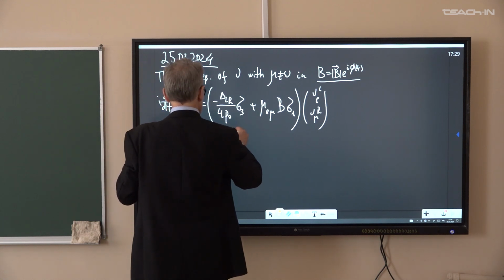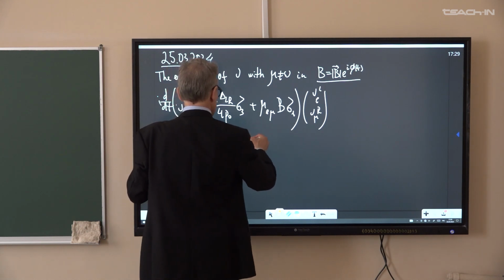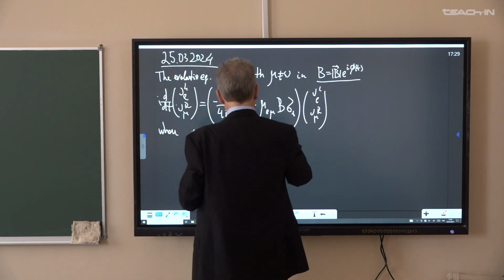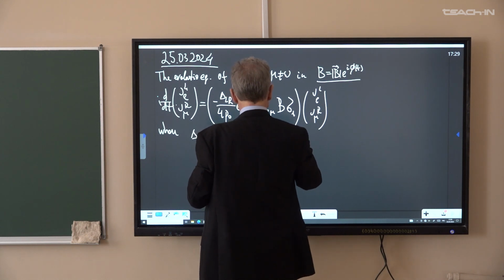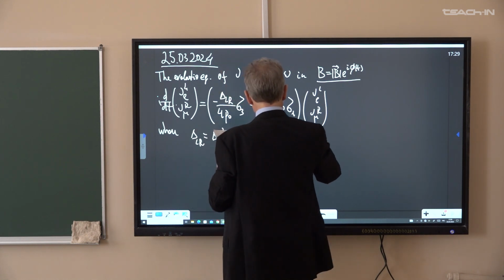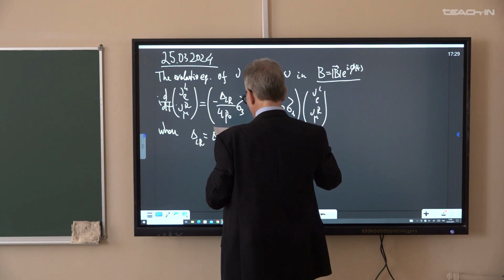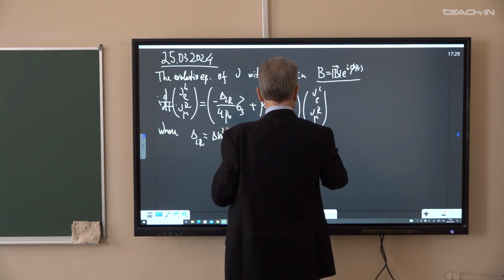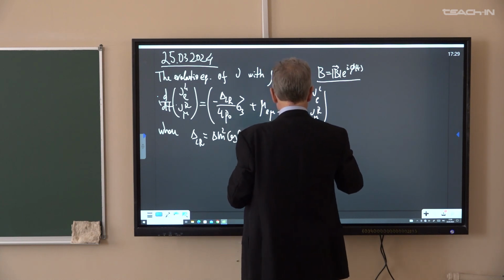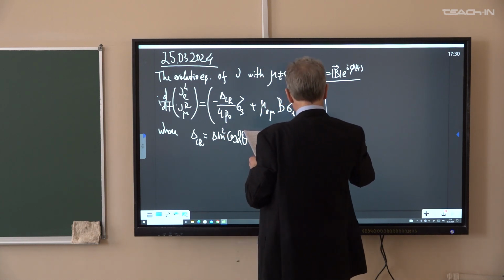Mass square difference cosine double theta minus 2 neutrino energy times the potential of active electron neutrino plus 2 multiplied by the energy phi dot.